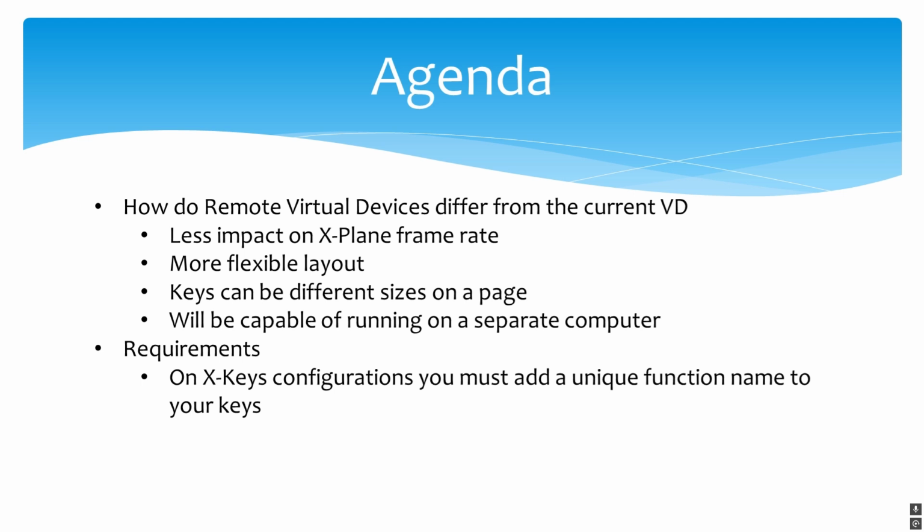You already had that on the Stream Deck devices, the concept of a function name being associated with a key on a Stream Deck device is already there. So you really don't need to do anything on the Stream Deck configurations other than define the remote device and basically do the layout. On the X-Keys ones, you're going to have to go through and do those function names, but we've put a little helper function there that can generate them automatically for you if you wish.